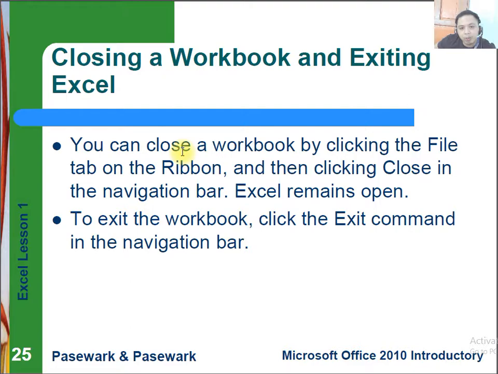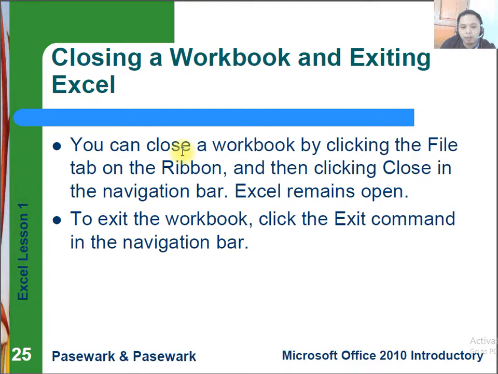Ito, closing a workbook and exiting Excel. So how to close and exit. You can close a workbook by clicking the File tab on the ribbon and then clicking Close in the navigation bar. Excel remains open. So pag nag-close lang tayo ng workbook, ibig sabihin yung worksheet lang po natin yung kinlose natin.